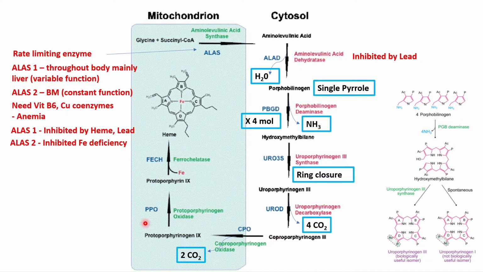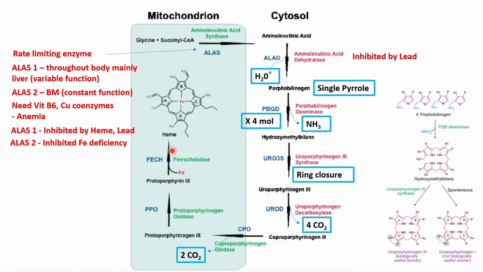Once protoporphyrinogen 9 is formed, it undergoes an oxidation reaction to form protoporphyrin. Now protoporphyrin has iron added. The ferrous form of iron comes and attaches to the ring, and ultimately it leads to formation of heme.